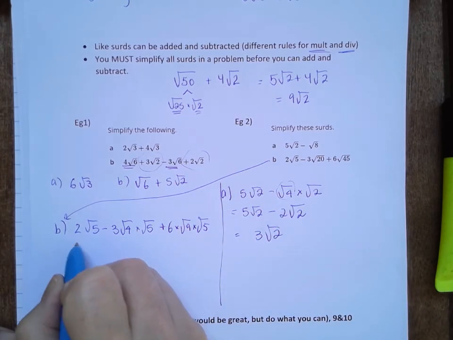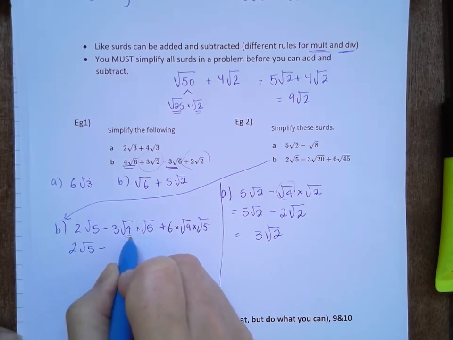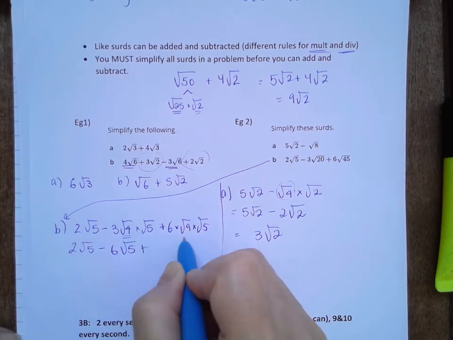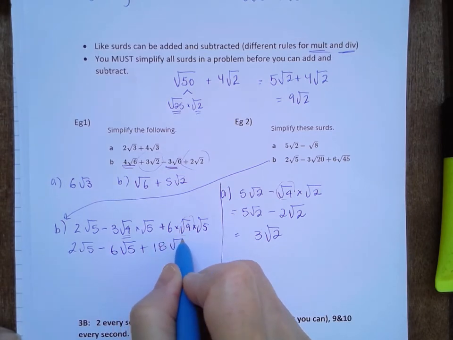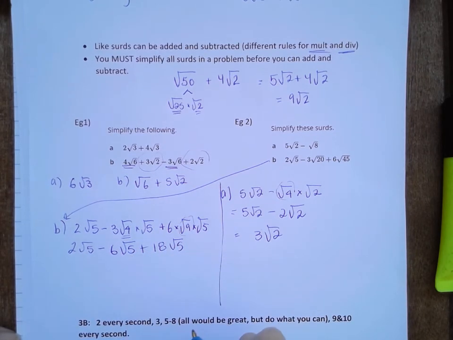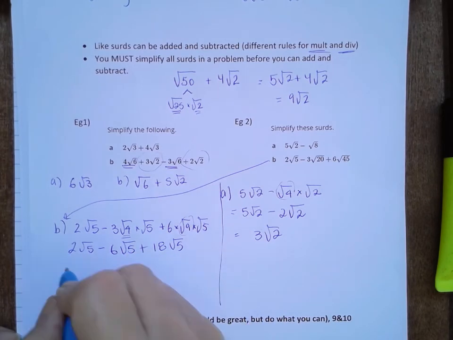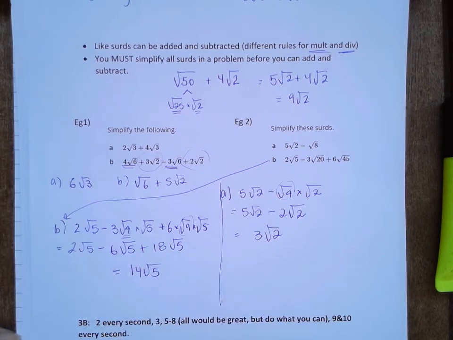All right, so that's 2 root 5 minus, when I get root 4 as being 2, I do 2 times 3, so that's 6 root 5 plus the square root of 9 is 3. 3 times 6 is 18 root 5. And these are all like terms. So 2 minus 6 is negative 4, so I get equals 14 root 5. Okay, great.